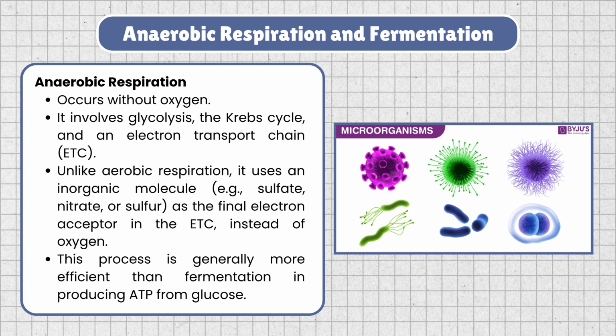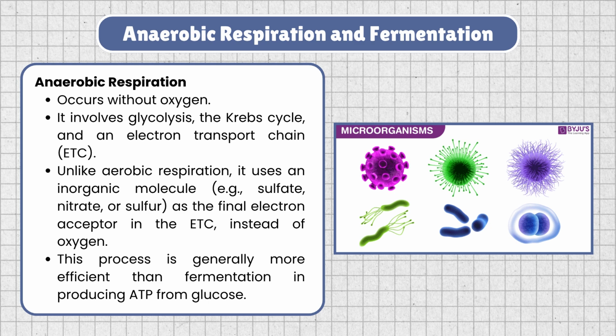So for anaerobic respiration, this is the process that still involves the main stages of cellular respiration. We have glycolysis, Krebs cycle, and an electron transport chain. The key difference from aerobic respiration is in that final step.